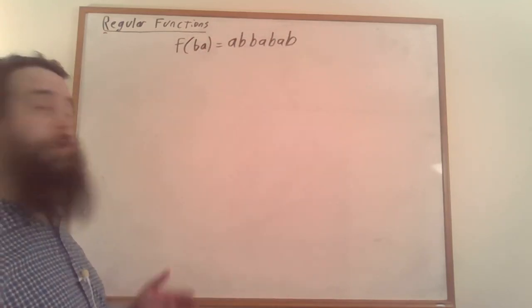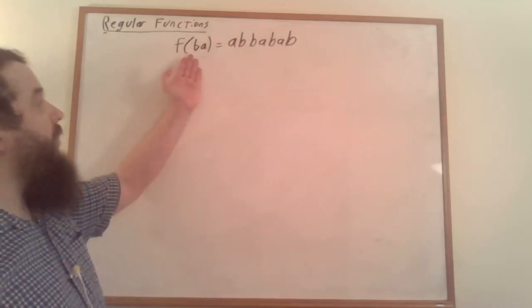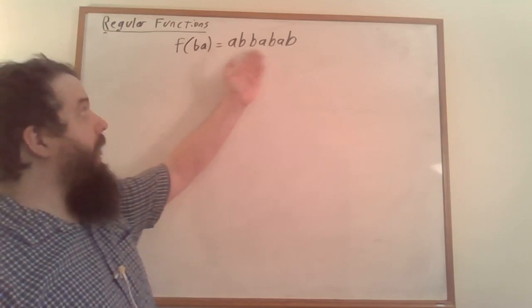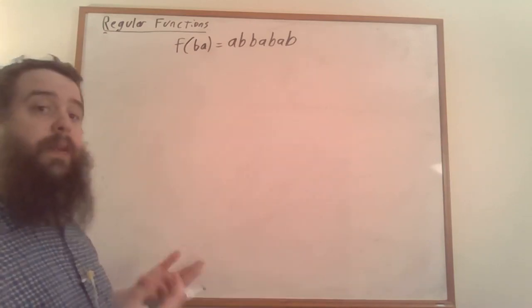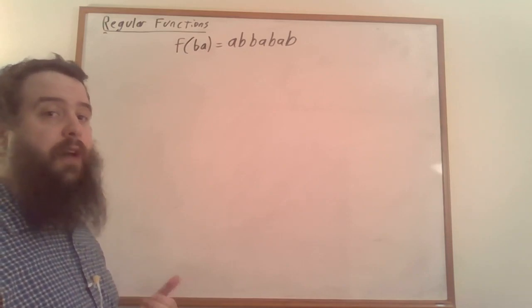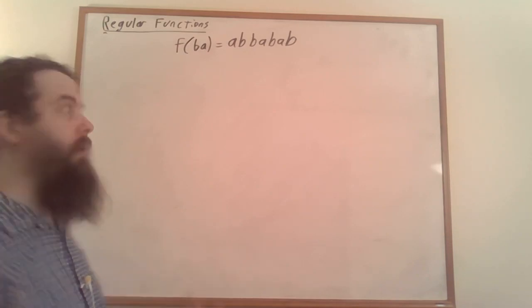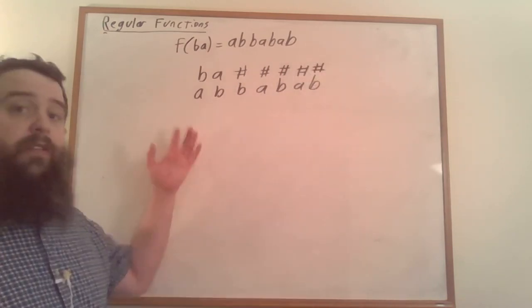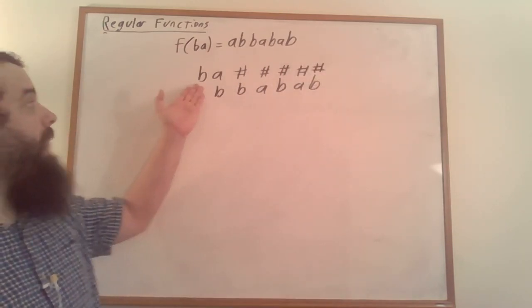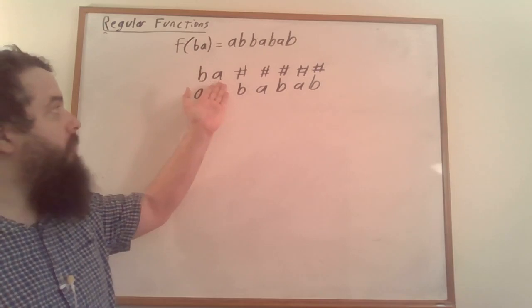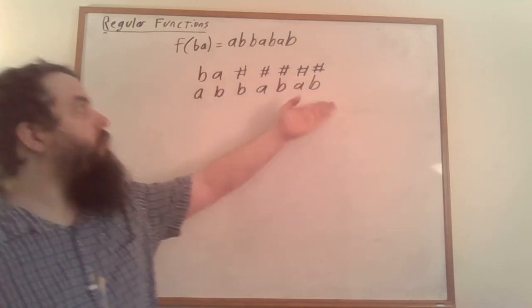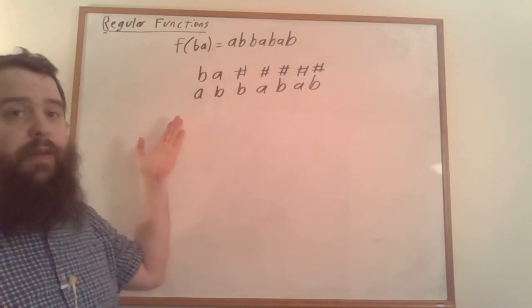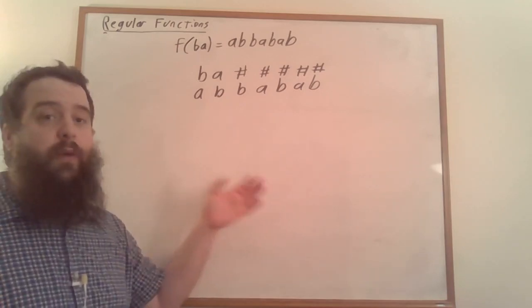If we wanted to express a function where f of BA is equal to ABBA, we would need to have a corresponding automaton that accepted the input that looks like this. We would need to pad out our BA input with a bunch of octothorpes so that it was the same length as this other input, and then we could feed it into our automaton.